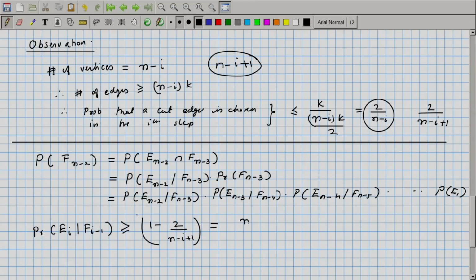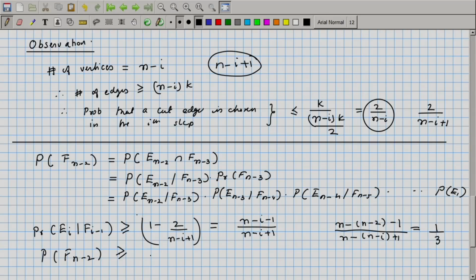This is equal to n minus i minus 1 divided by n minus i plus 1. So, the probability of F_{n-2} will be greater than or equal to the product; for the first quantity, the value of i is n minus 2 there, so it will be n minus 2 minus 1 divided by n minus 2 plus 1, that is going to be equal to 1 by 3.